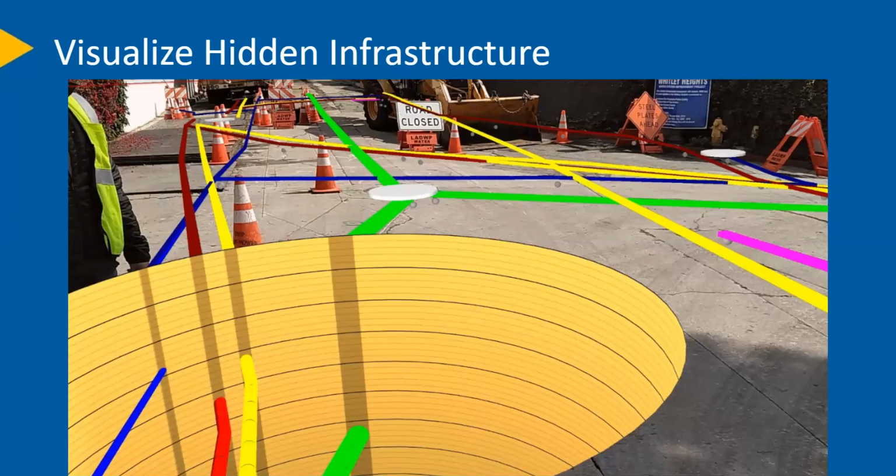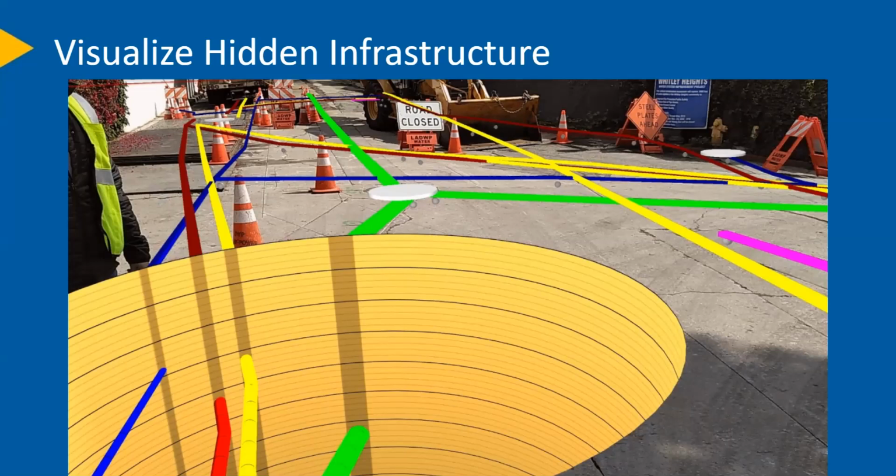So a fantastic way to visualize things that you can't see. On the ground, obviously, all we see is our manholes and valve covers, and maybe some other innate clues. But if the data is available, the hidden infrastructure becomes visible and an invaluable component of the decision-making process.